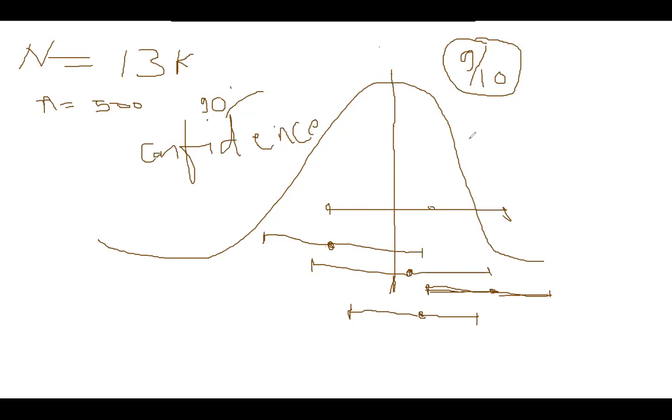If 90 are representing and 10 are not, there is still a risk that some samples will not represent the true population. This is a probability, this is statistics, so certainly we can't be 100% sure about anything. Therefore, there is 90% confidence and 10% non-confidence, or risk, or whatever you call it.